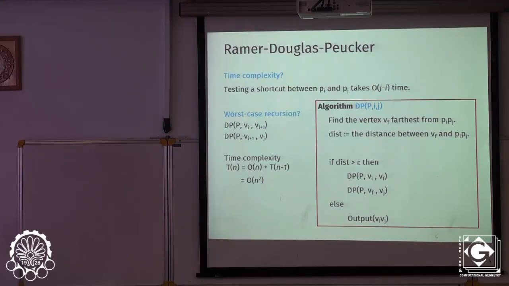In your time complexity, you don't have something like epsilon, but I guess that for a very big epsilon you would just simplify your big trajectory to a line segment. Yes. But you don't have epsilon in your time complexity. No, it's just quadratic.